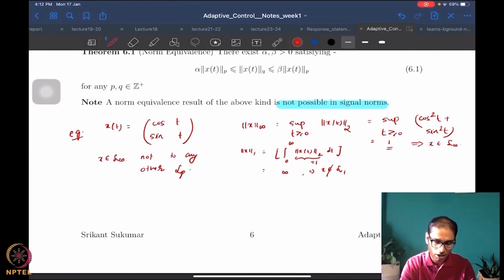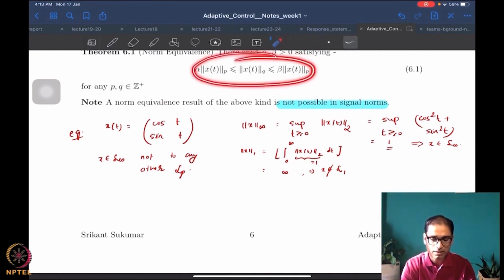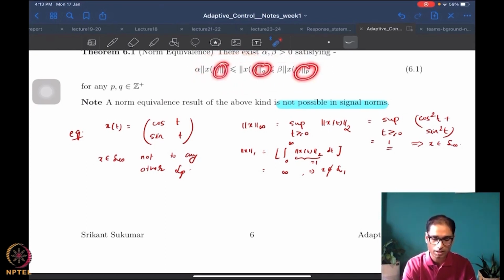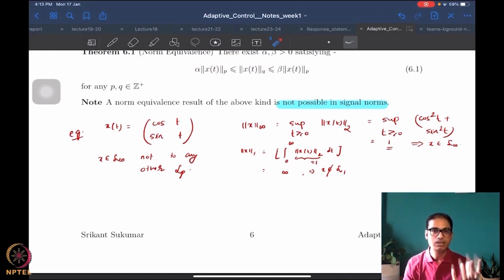So there's no question of having inequalities like these, because this by definition means that all the vector norms have to be bounded. Now in the signal norm case, one cannot even guarantee that all norms are bounded. A signal which is L infinity may not be L1, a signal which is L1 may not be L2, and so on and so forth. So this is a rather critical thing to remember. There is no norm equivalence.